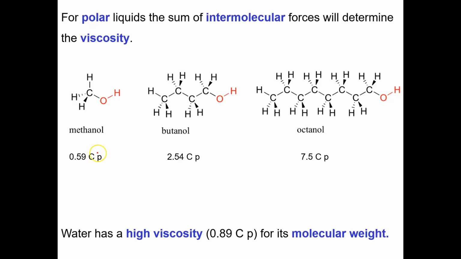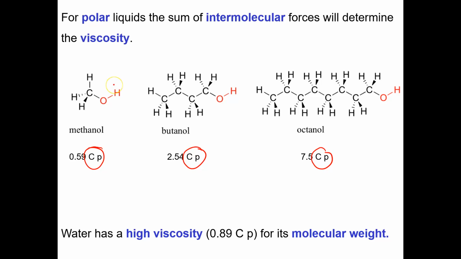So viscosity is often measured using what are called centipoise units. That's what this CP stands for. And here we can see how the viscosity of these polar molecules is determined not just by the molecular weight, but also by the presence of polar groups.